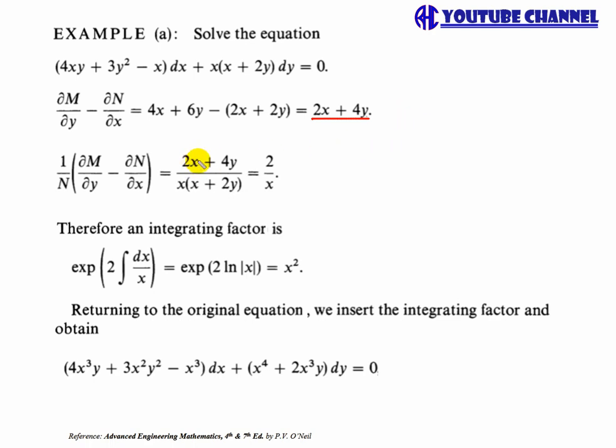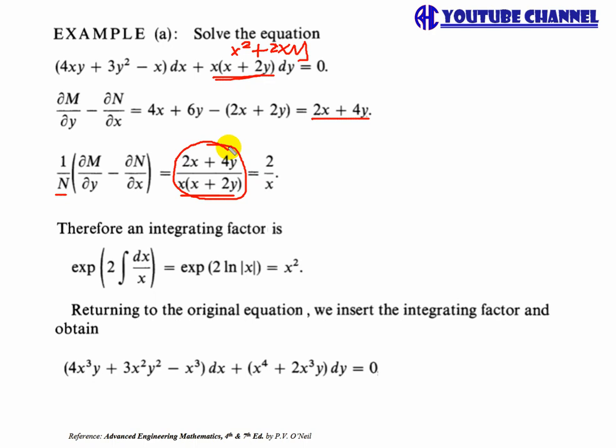So, for example, ito, kailangan ko lang yan i-divide ng N. So, yung N natin, ito yon, yung x squared plus 2xy. Hindi pa pala yun, sinimplify. So, ito lang, magiging x times x plus 2y. Ito, i-divide natin.